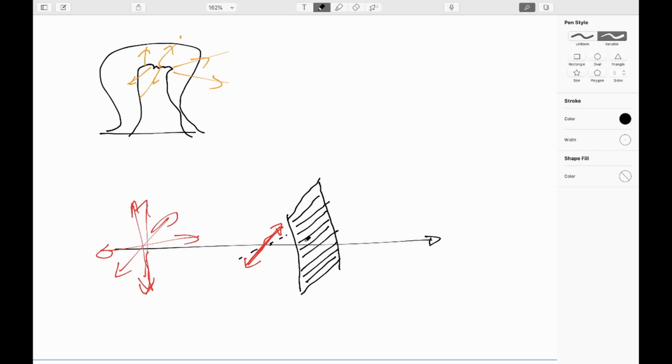Now what will happen is the component of the electric field that is parallel to all these zillions of little antennas will start causing the electrons to slosh back and forth. And so that component of the electric field winds up getting absorbed because it's doing work on the electrons and causing the sheet of Polaroid to warm up slightly.